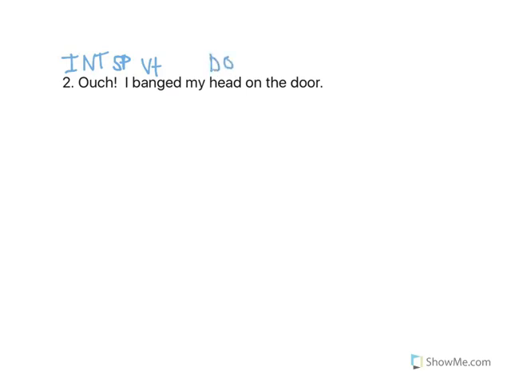My is going to be a possessive adjective. Whose head? My head. And on the door is, of course, a prepositional phrase. So on is our preposition, door is object of the preposition, and the is an article adjective. Okay, so let's diagram it. Our interjection goes here.